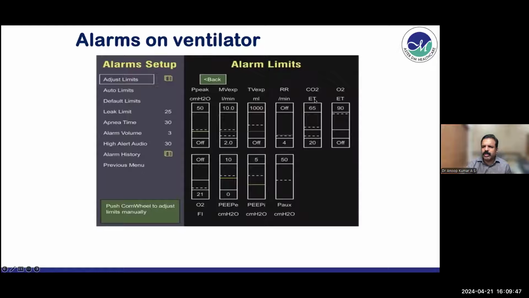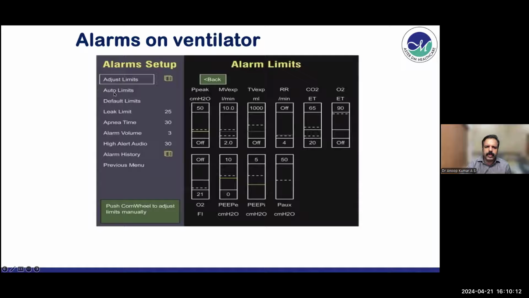CO2 usually won't be there, because to have a CO2 alarm, you should have EtCO2 embedded in the machine. Then oxygen, FiO2, auto PEEP, then again the auxiliary pressure, etc. These are the main alarms we are looking at. During the initial assessment, you can set these alarms. We'll see how we do that.